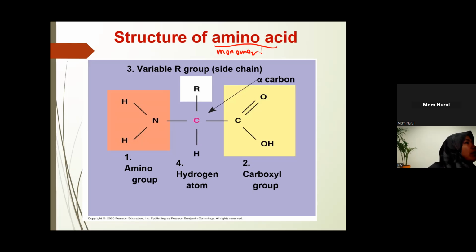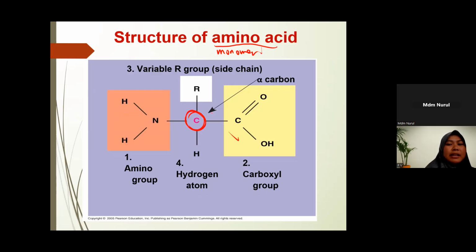The structure of amino acid is as shown in the figure, where amino acid has an alpha carbon C. This is the alpha carbon or central carbon, right? There are 4 components attached to the alpha carbon. Carbon tengah tu ada 4 komponen attached kepada carbon tengah, iaitu sebelah kanan carboxyl group COOH, okay?